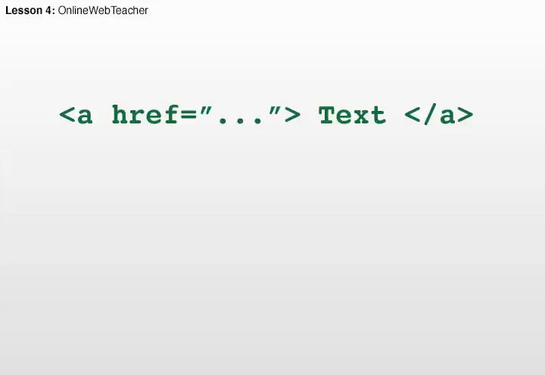In the case of href and equals, it sounds weird, but you need to keep it simple, otherwise it would be very tedious to code. A stands for anchor and href stands for hyperlink reference.